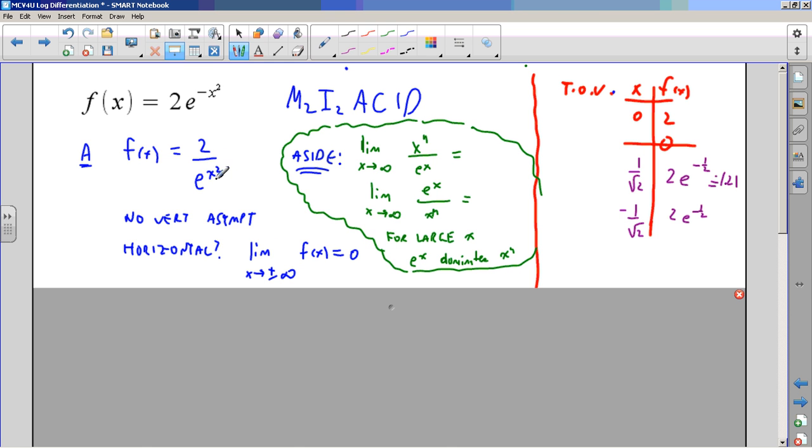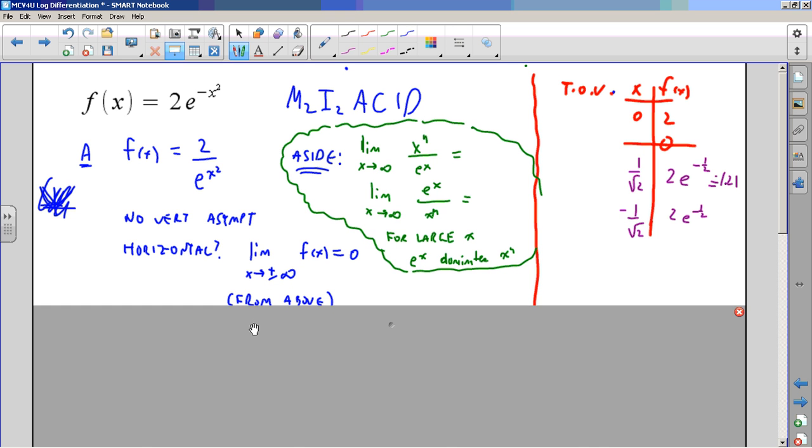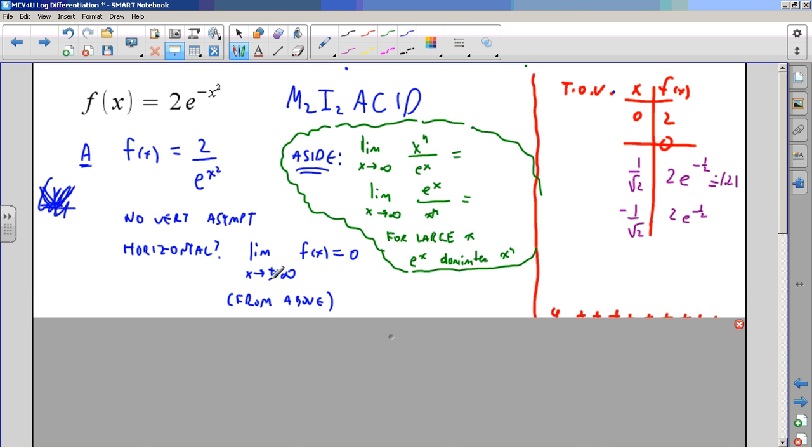So this is e to a huge positive number, whether it's on the left or right. Remember that the normal exponential function is big on one side but small on the other. But since I've squared it, this function here is big on both sides, almost like a very, very steep parabola. But for our purposes, we can think of the horizontal asymptotes, the limit as x approaches positive or negative infinity of f at x equals 0.